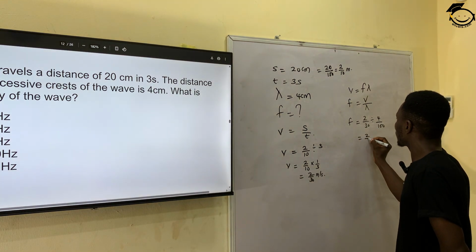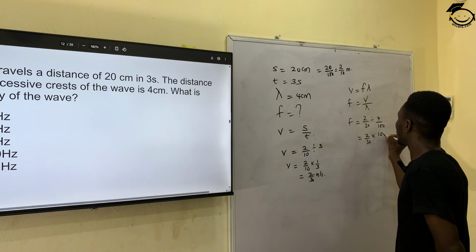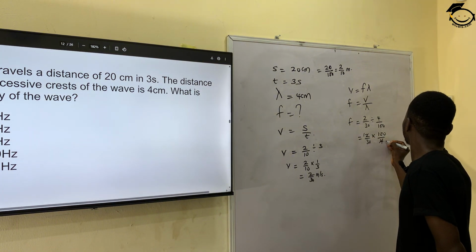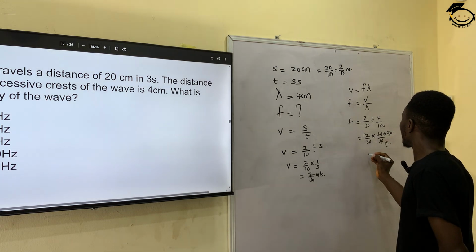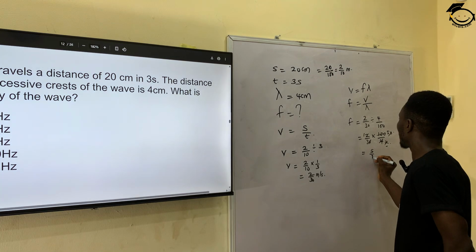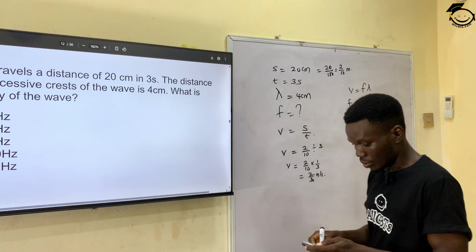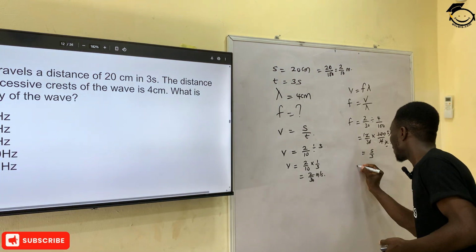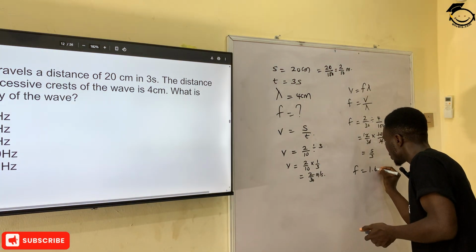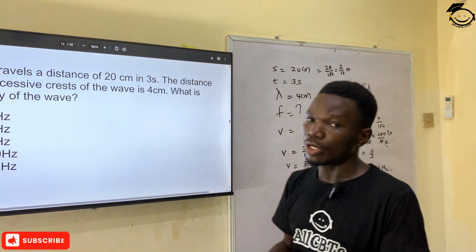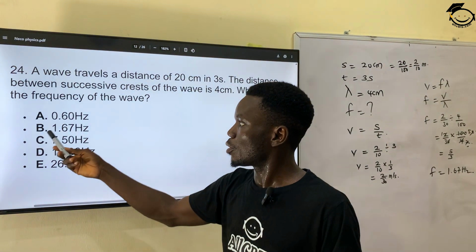And that would mean that I have 2 over 30 times 100 over 4. 2 here, 1, 2 here, 2. 2 here, I have 50. 0 cancels 0. And that will give me 5 over 3. 5 divided by 3 will give me, and my frequency is 1.67 Hz. So our correct option here is option B.